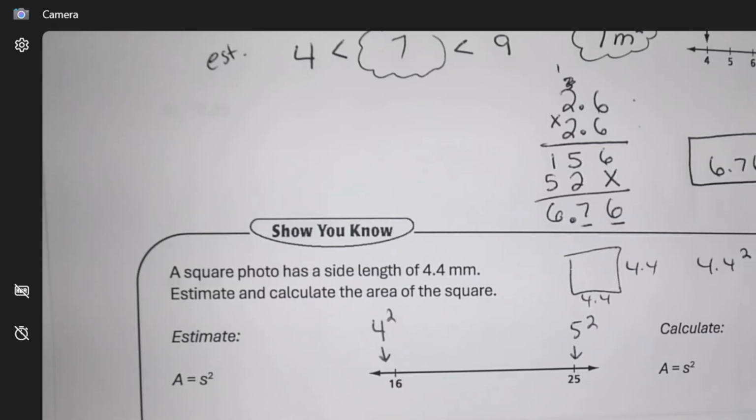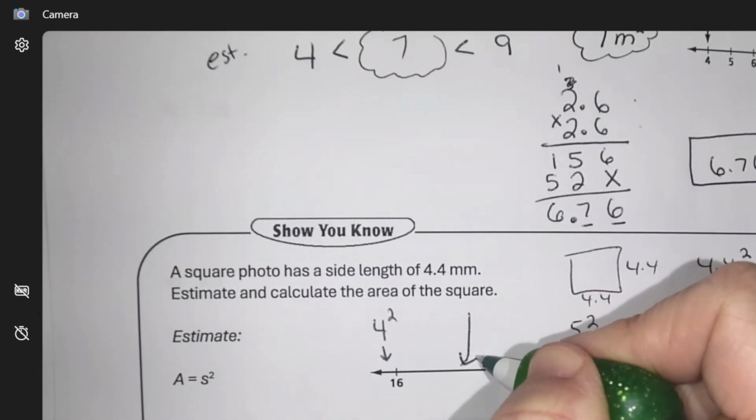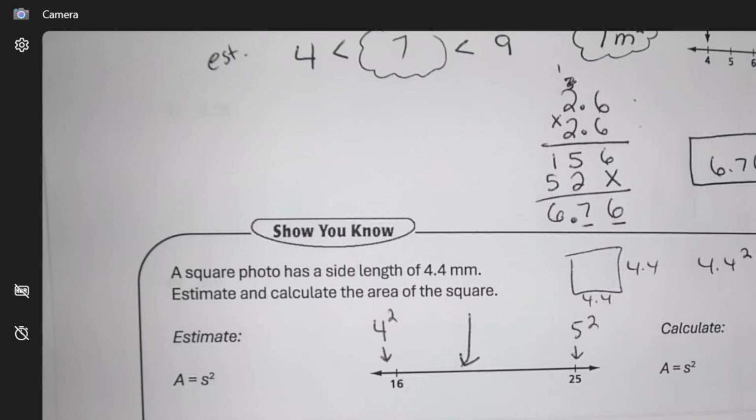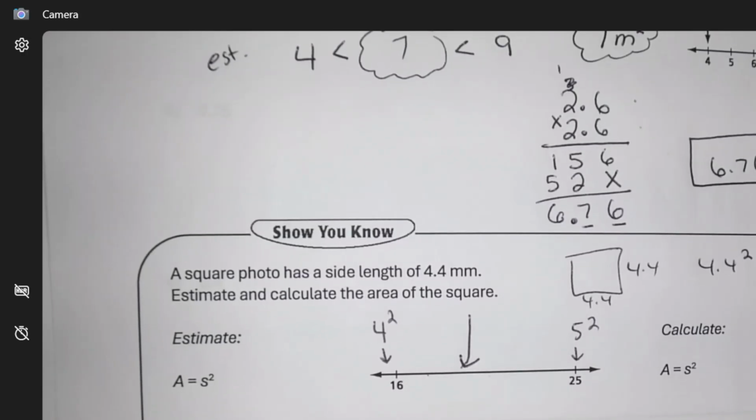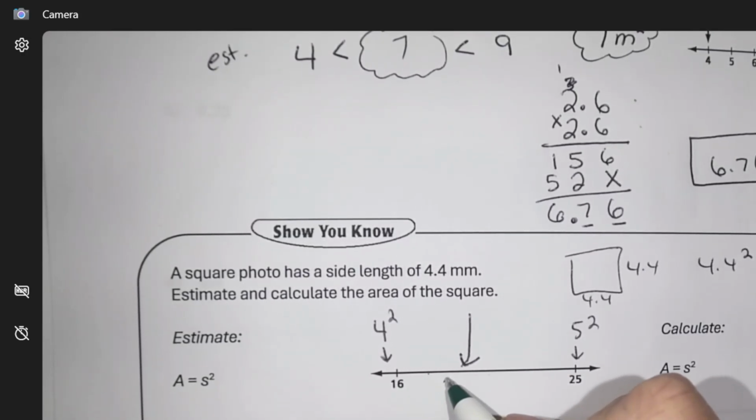We're going to go maybe a little bit closer to the 16 side. What is halfway in there? 17.5 would only be a little bit, not quite halfway. I think 20.25 is halfway. Should we estimate 20?